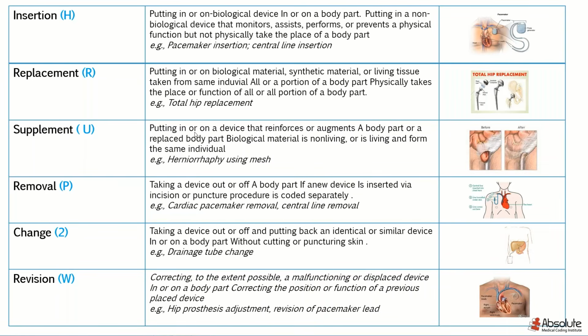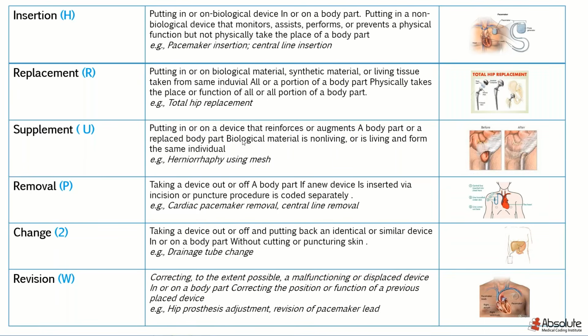So putting in or on a device that reinforces or augments a body part or replaced body part, biological material is non-living or it's living and from the same individual.